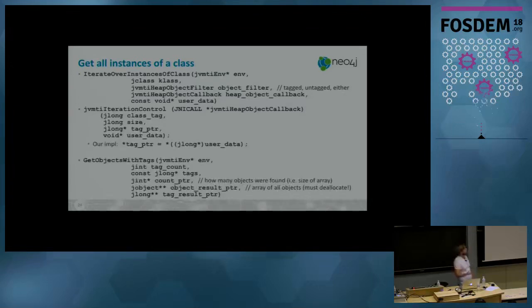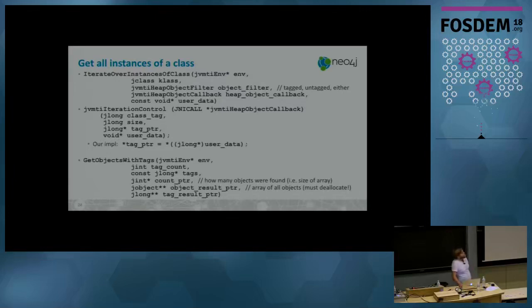What we'll do in this callback is simply tag all the objects that we see. So an implementation like that assigns the tag pointer to the tag that was specified. Then we use the getObjectsWithTags method to get an array containing all the objects that were tagged, which we can then turn into a Java array and return to our Java code.